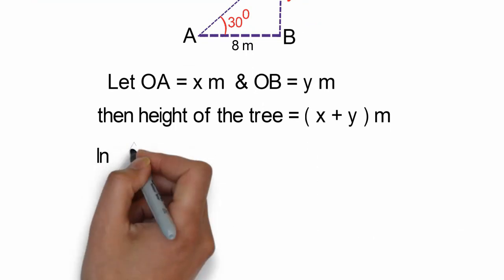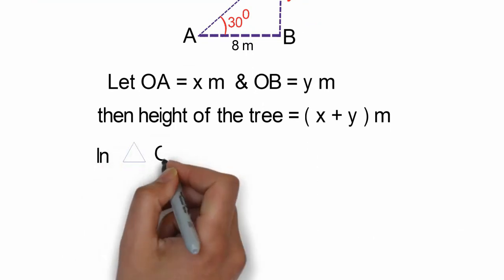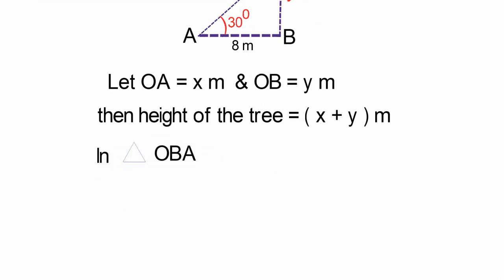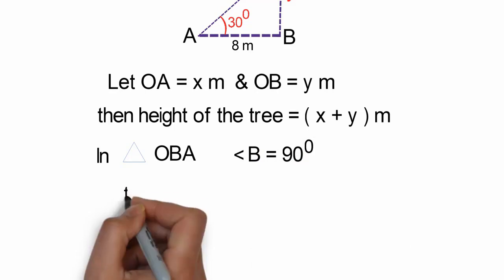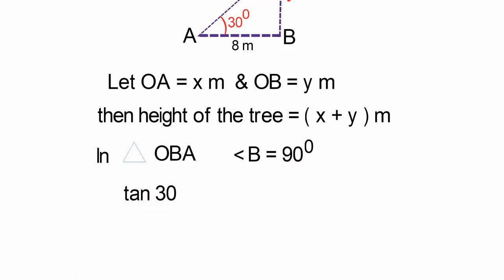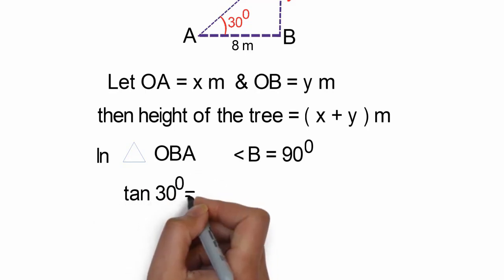For this we're going to consider the triangle OBA. In this triangle we can observe one of the angles is 90 degrees, that is angle B. It is equal to 90 degrees. We're going to use the trigonometric ratio tan 30 degrees.